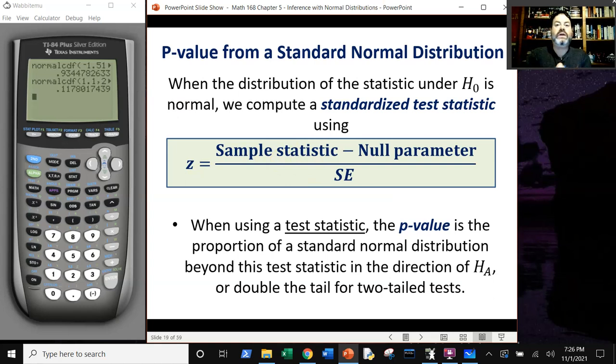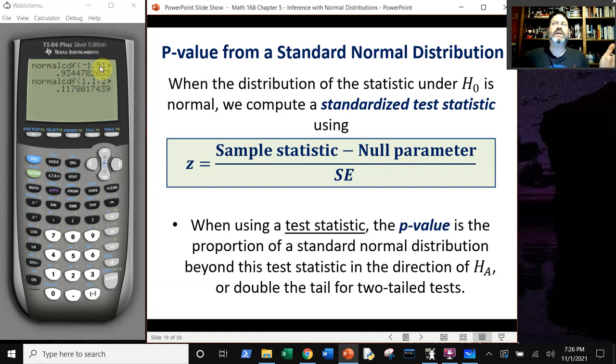It's whatever is observed from the sample. The null parameter is where the distribution is centered, and the standard error is the amount of variability in your randomization distribution. And what ends up happening is that you just do this calculation, and then you end up doing this stuff. So here, this 0.934 might be a p-value, and this might be a z-score.